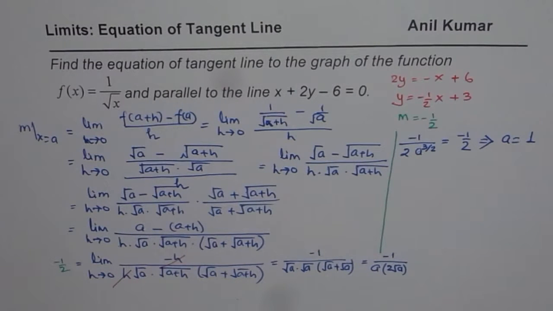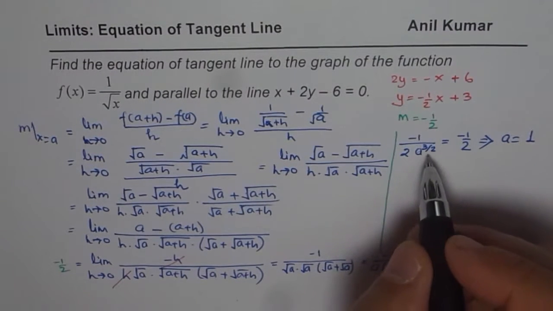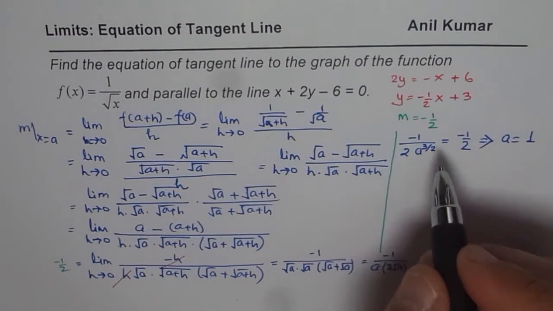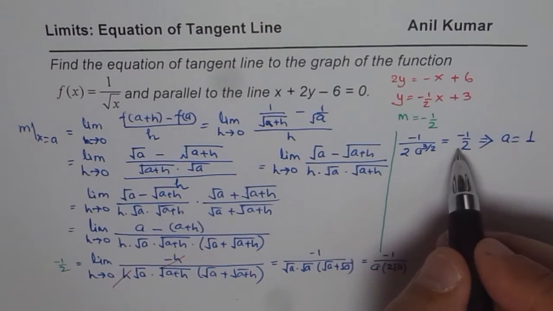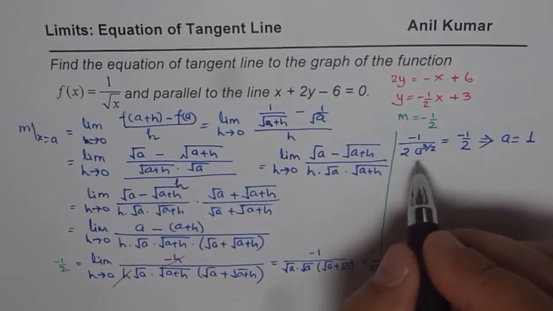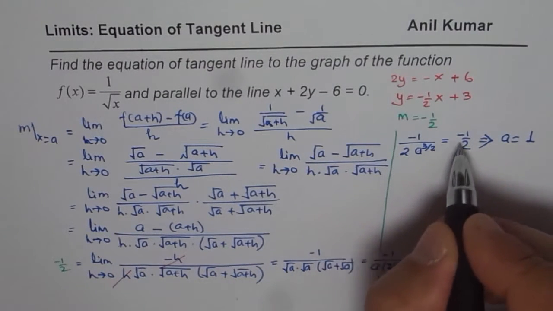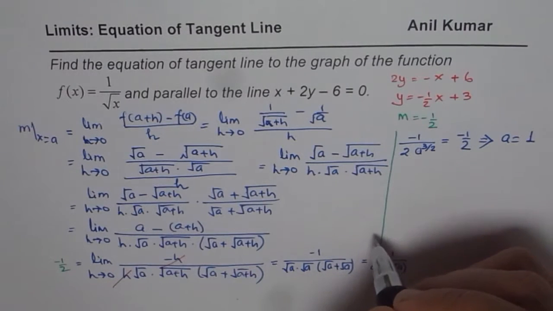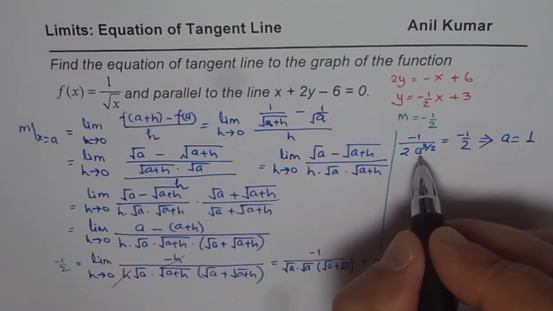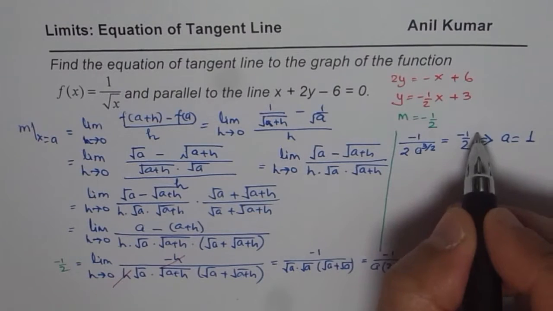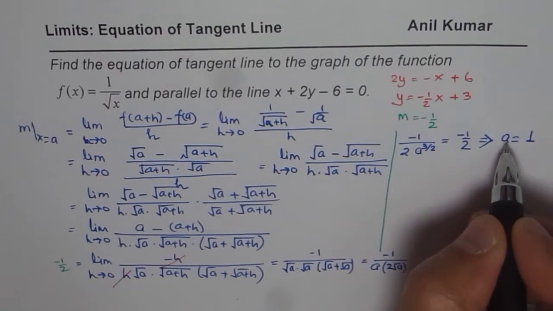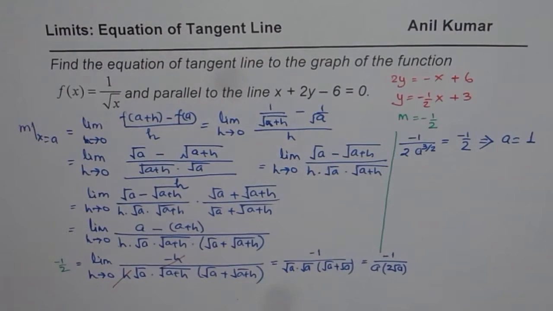You could actually simplify it and say this is cube and then square root. So minus half equals minus 1 over 2 a to the power of 3 over 2. When you cross multiply, minus half cancels. So you have a to the power of 3 over 2 equals 1. So a equals 1, right? So that is the point, a equals 1.